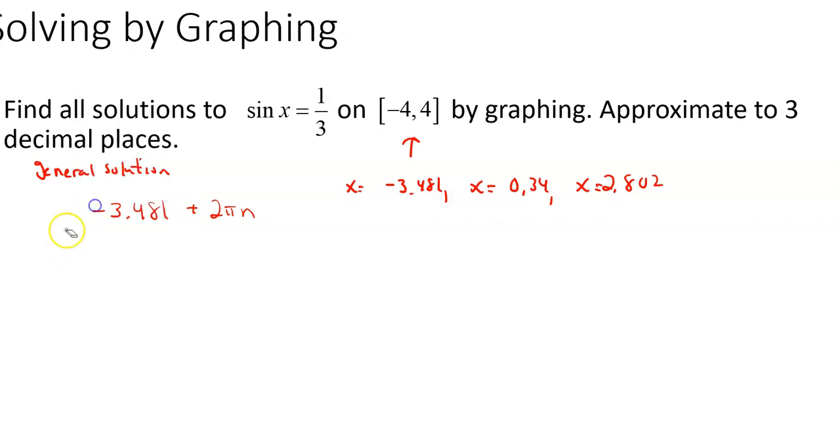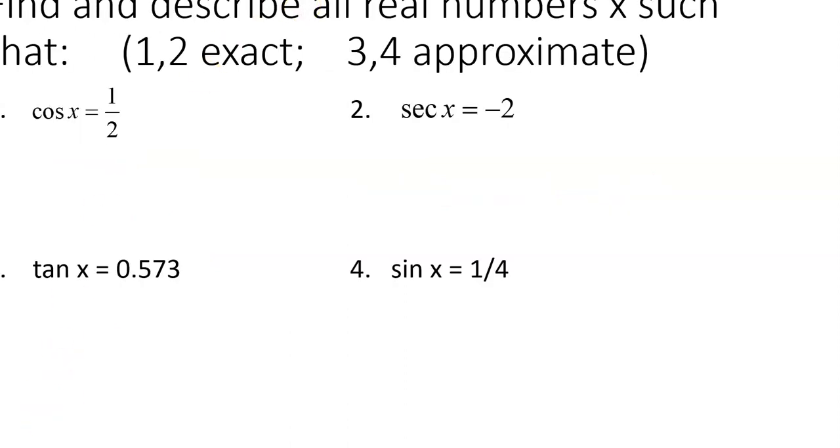I would do the -3.481 plus 2 pi n, and then I would pick the other one, 0.34 plus 2 pi n, where n is some integer. So in other words, 0.34 plus 2 pi, 0.34 plus 4 pi, 0.34 plus -2 pi, -4 pi, and so forth. All right, so that's how we look at it graphically.